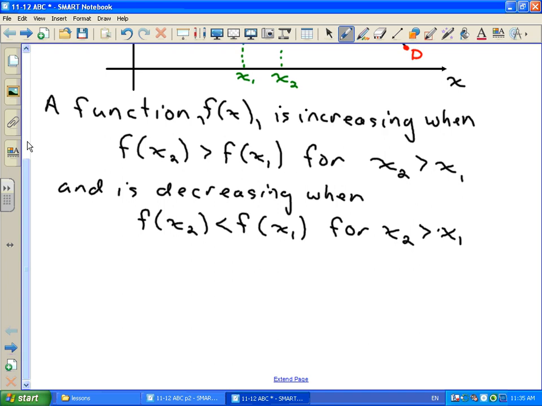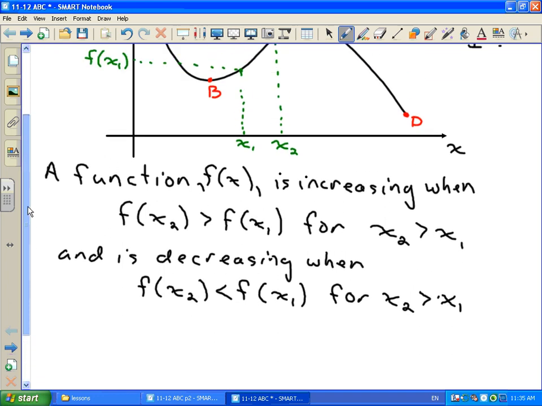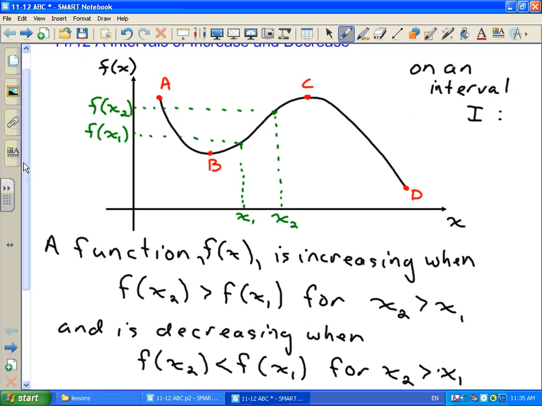Now, in calculus, we want to find the intervals where this function is increasing or decreasing, and we want to do this using the derivative that we've been looking at here. So if I look at this interval BC where this function is increasing, and I draw the slope of the tangent here, the slope of the tangent is clearly positive.